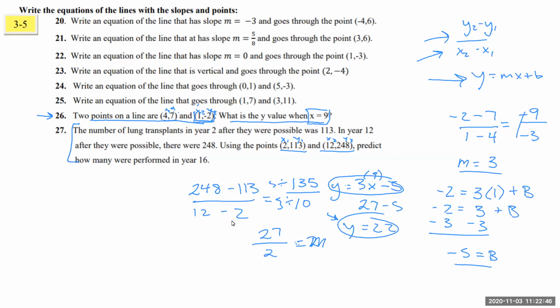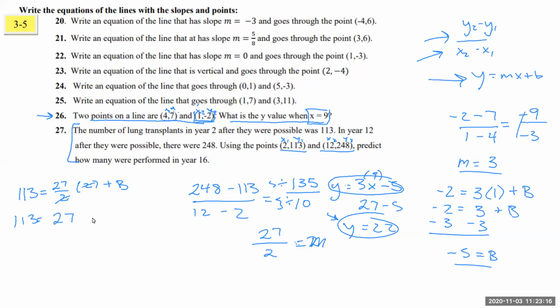There we go. And then what we're going to do is plug that into the equation. I'm going to use 2 and then 113 as our points. So when we plug that into y equals mx plus b, the y is 113, the m is 27 over 2, the x is 2, and then plus b. We're kind of lucky in this case because the 2's are going to cancel each other out. We just have 27 plus b equals 113.